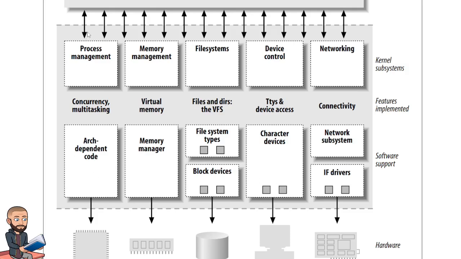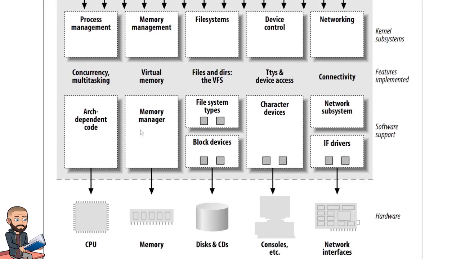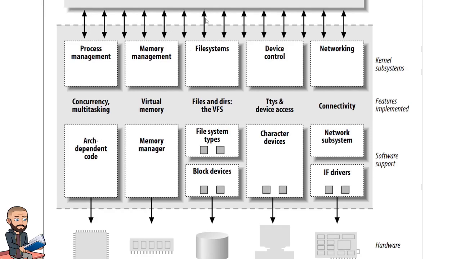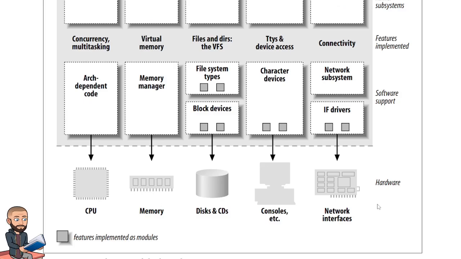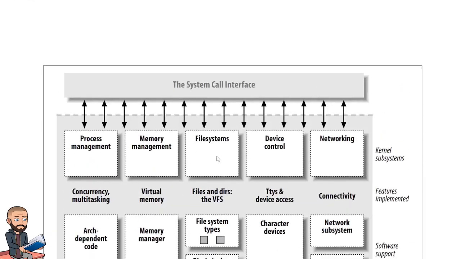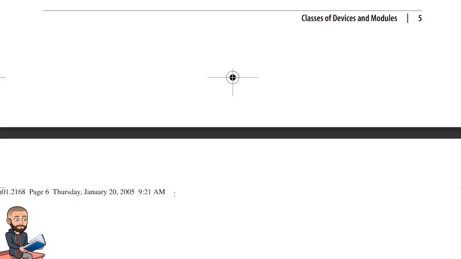The arrows are not a direct one-to-one or something. They probably should have done just one arrow to the dotted box. Anyways, we have file system type modules, and then block device modules, character device modules, IF. Oh, is that input file drivers? Well, all of this can go out to hardware. Maybe we will find out what IF means really soon.